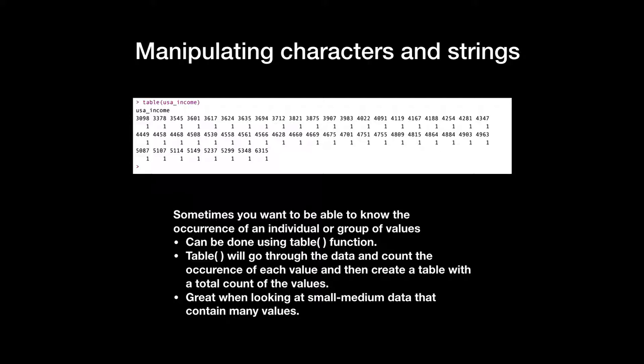It tallies up all the occurrences of each individual value within the variable that you pass to it. So table will go through the data, count the occurrences and display it to you as the result. It's great when you're looking at small to medium data that may contain many values, and you want to get an understanding of what the distribution may look like and how many of each fall within each value.